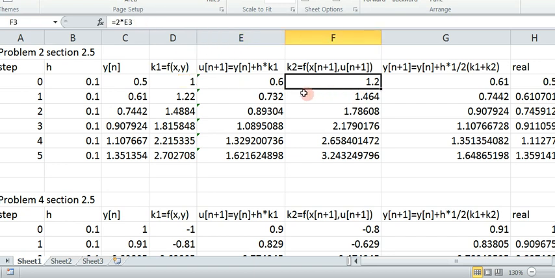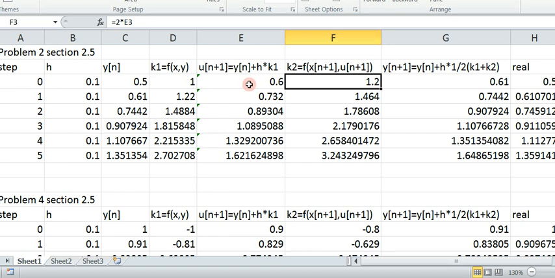Then I'm going to find k2, which is the function of those guys.